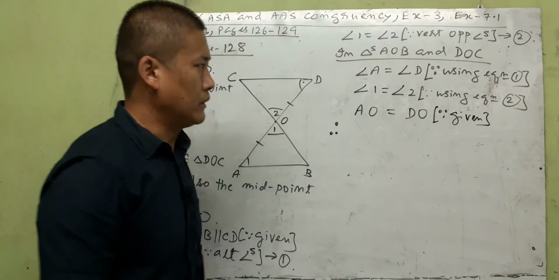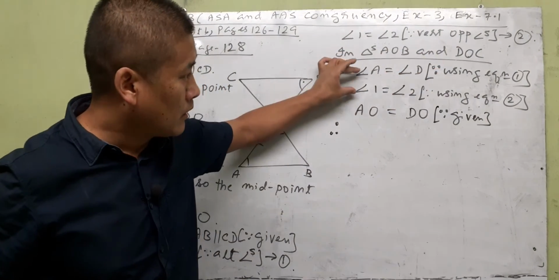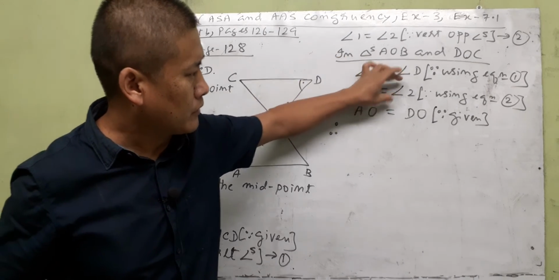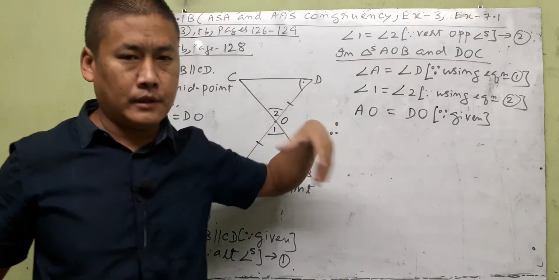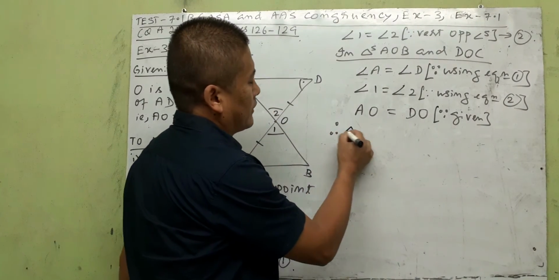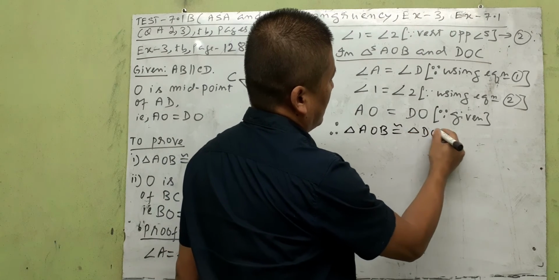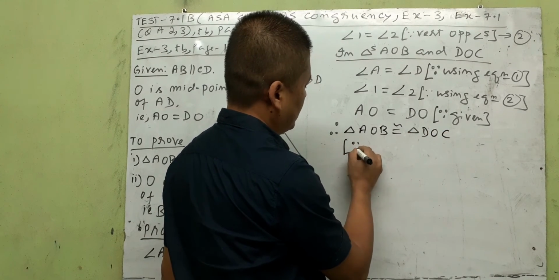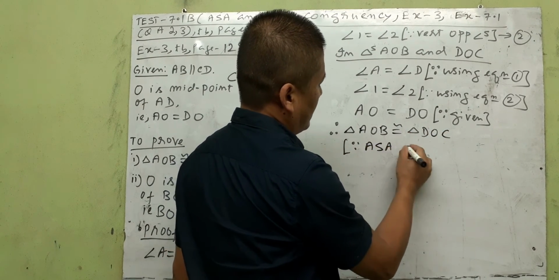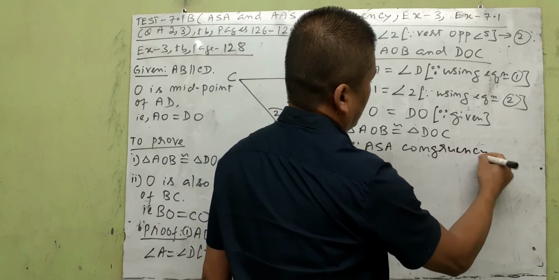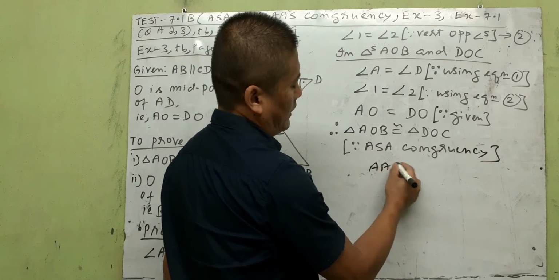So we learned just now that if in two triangles, two angles and the included side of the first triangle are equal to two angles and the included side of the second triangle, then the triangles are congruent. So triangle AOB is congruent to triangle DOC by a condition called ASA congruency, or we can also write it simply as AAS congruency.